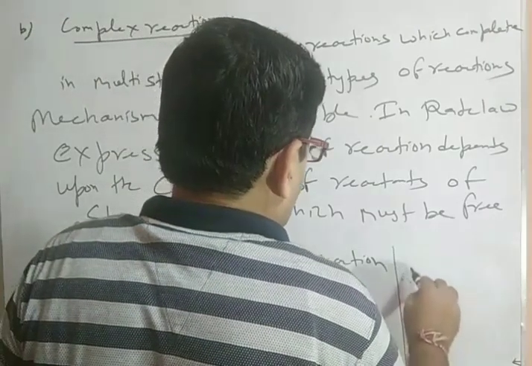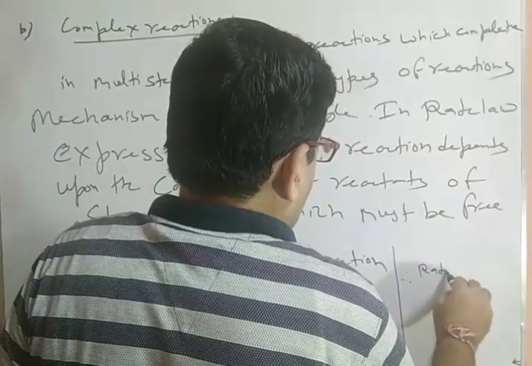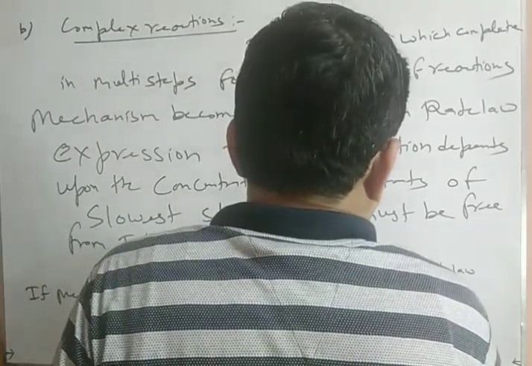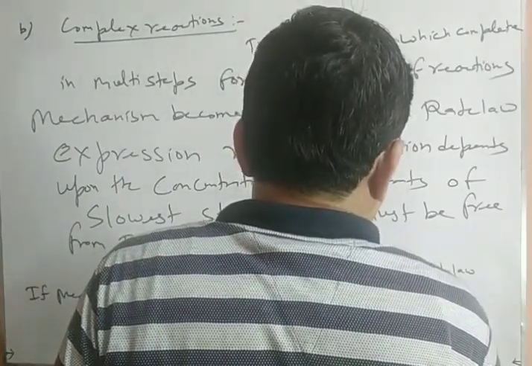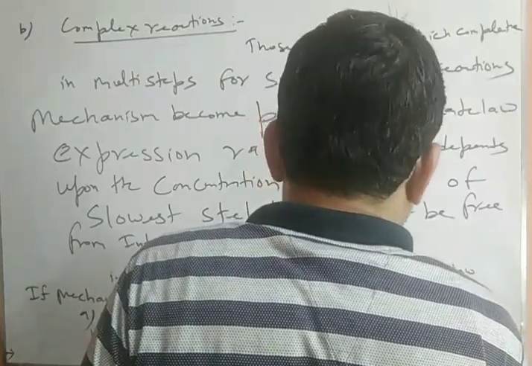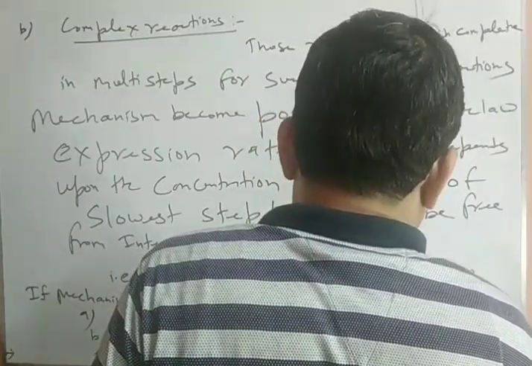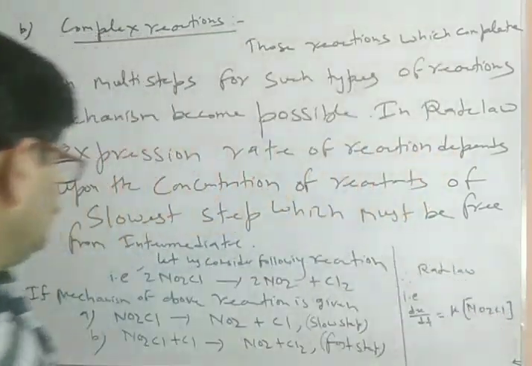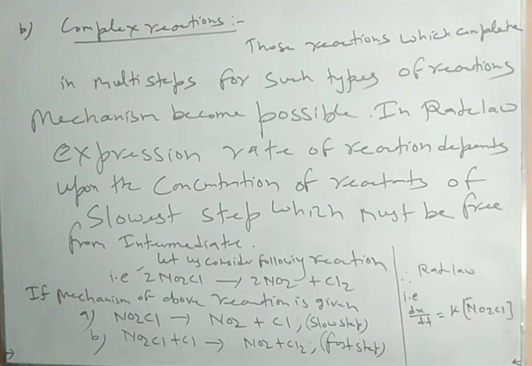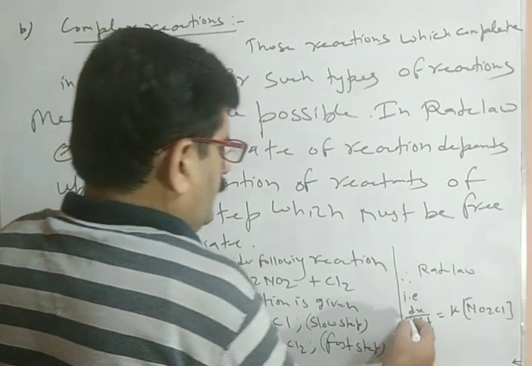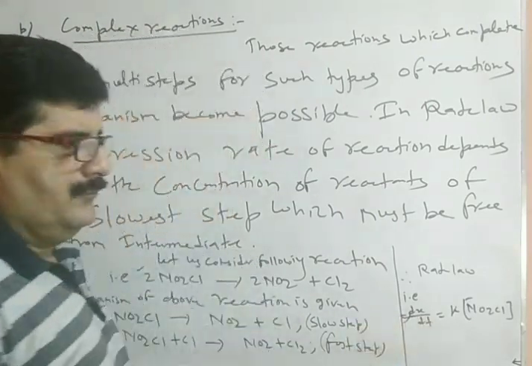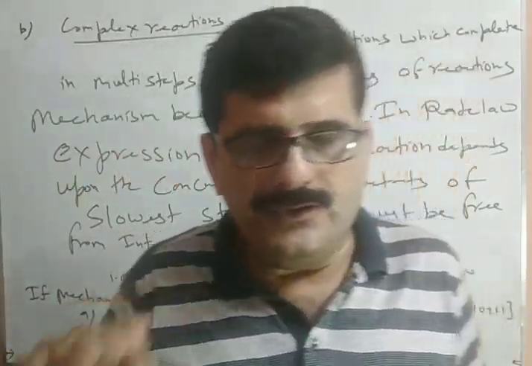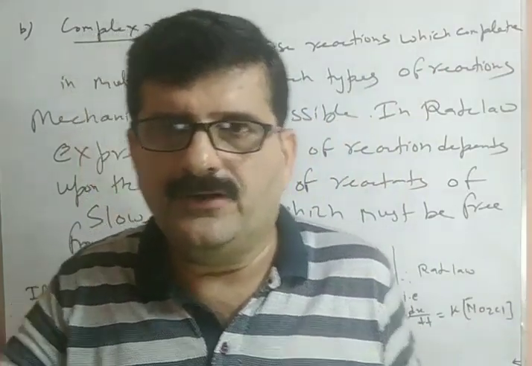Therefore, rate law, that is dx upon dt is equal to k NO2Cl. The stoichiometric coefficient involved in slow step determine what? Rate of reaction. So in nutshell, we can say slow step is the rate determining step in complex pattern of reaction.